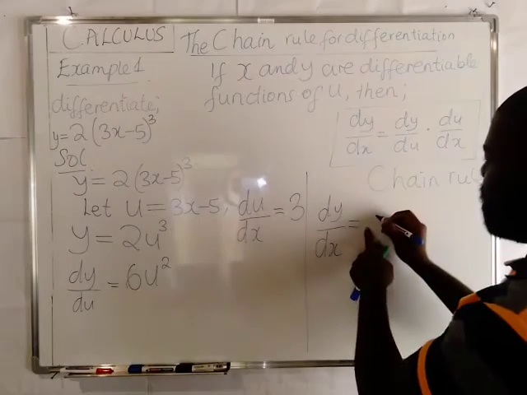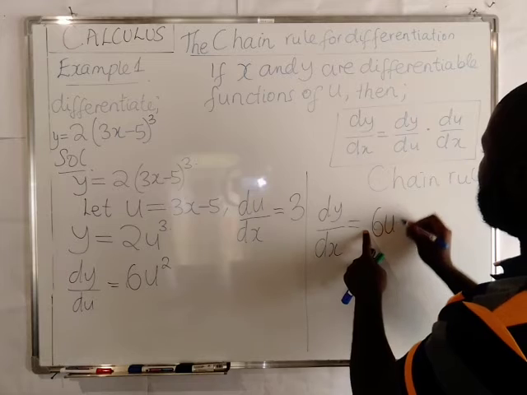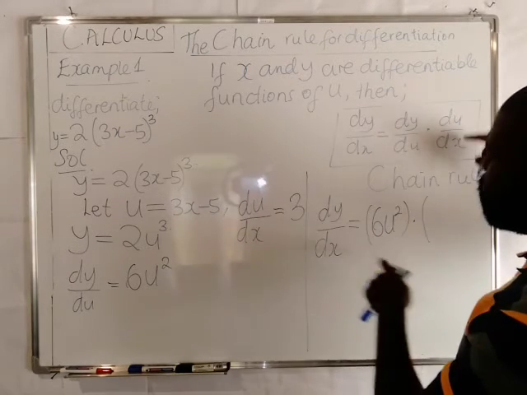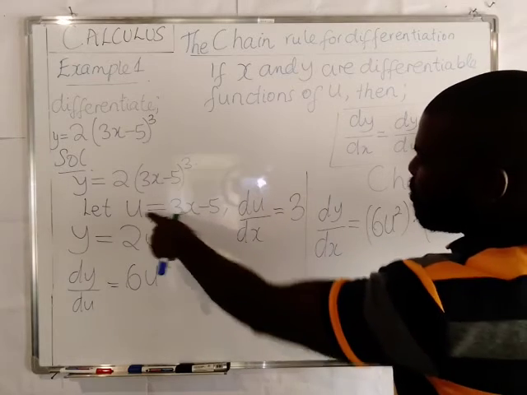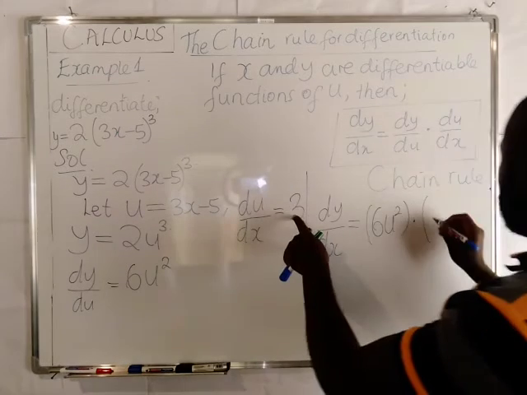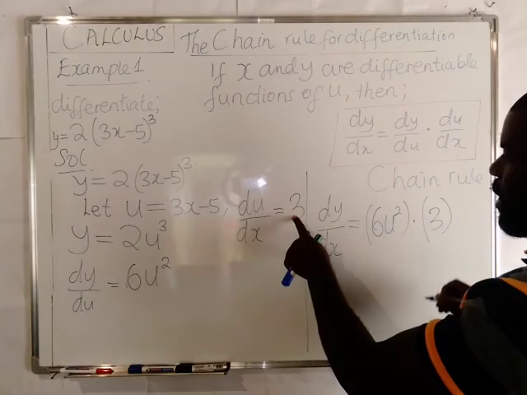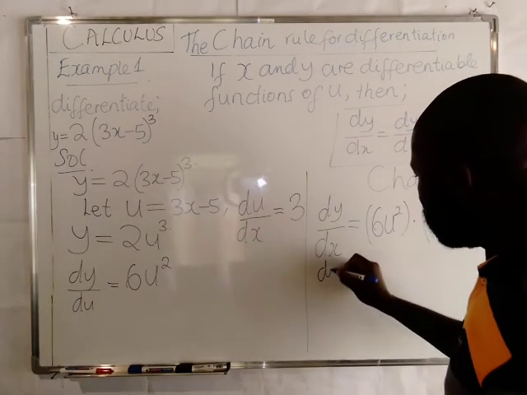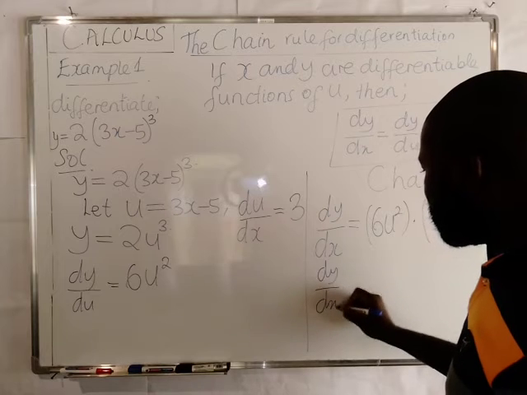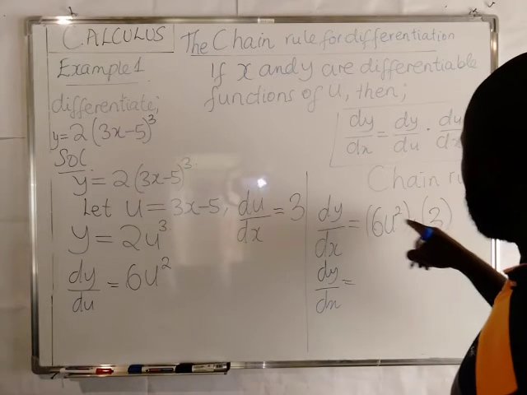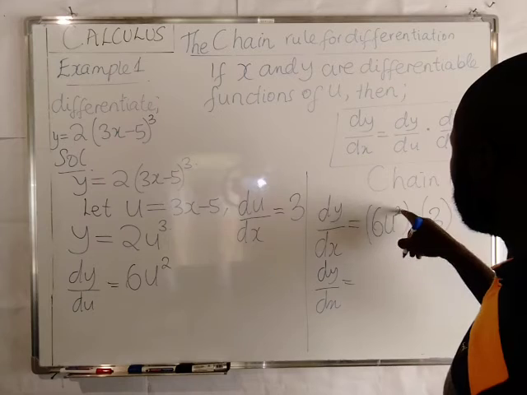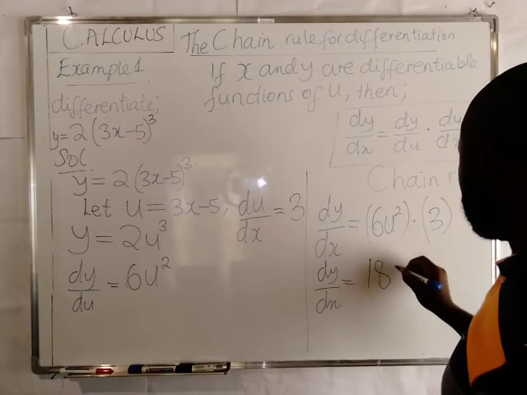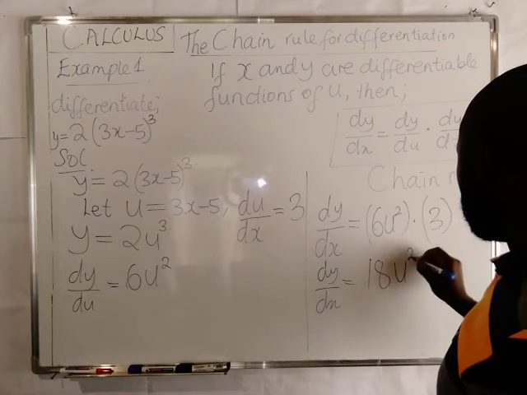Where we have dy/du, we put 6u squared, multiplied by du/dx, which is 3. So we have dy/dx is equal to 3 times 6u power 2, so 3 times 6 is 18 and u power 2.